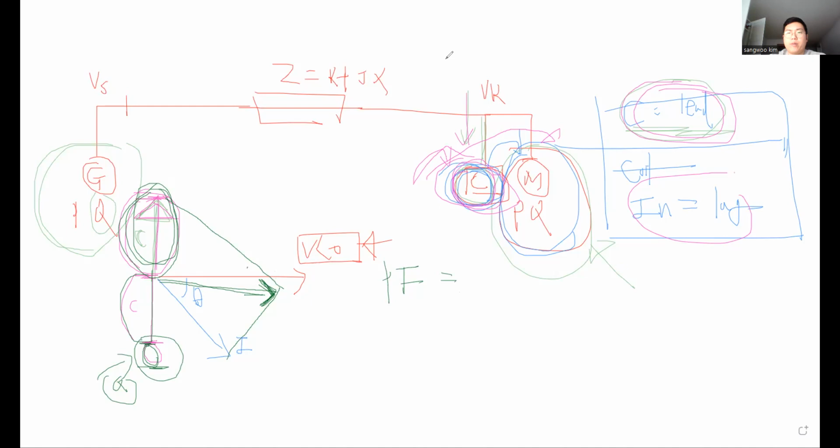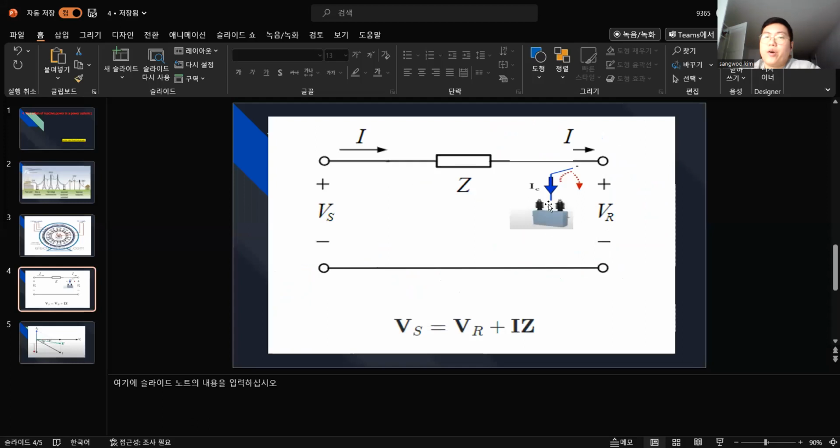Yeah, now we move to the slide, and I will check if I missed something or not. Here, I'm saying the phase modify equipment could be an inductor or it could be a capacitor. Later we will learn when we need to use inductors as a phase modifier.